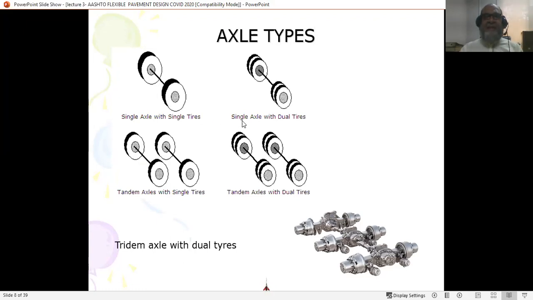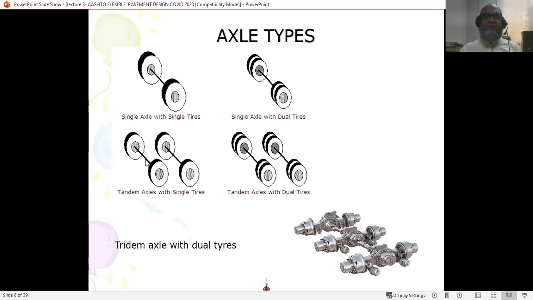Then there is a single axle supported by dual tires, like the tires you have seen on a bus or a truck, in which the front axle has a single tire on a single axle, and the rear axle has dual tires on a single axle.